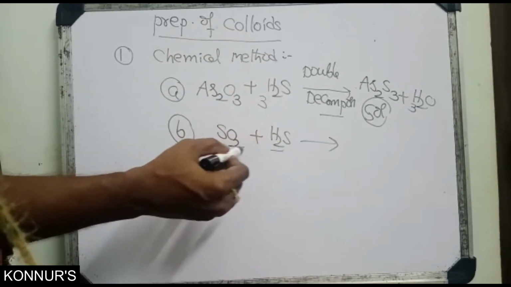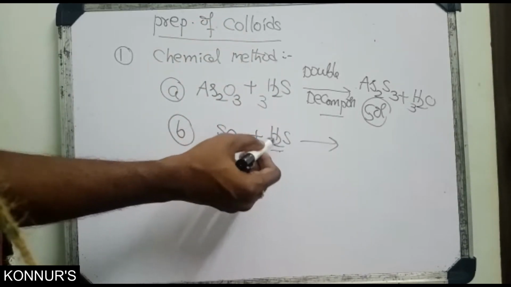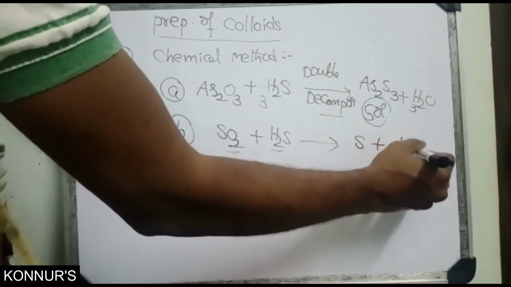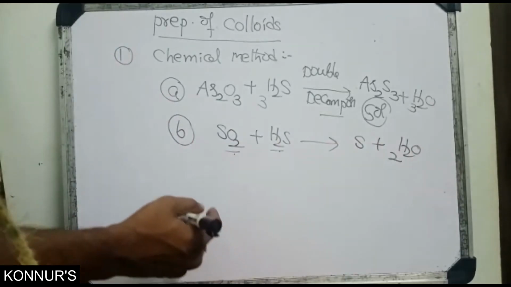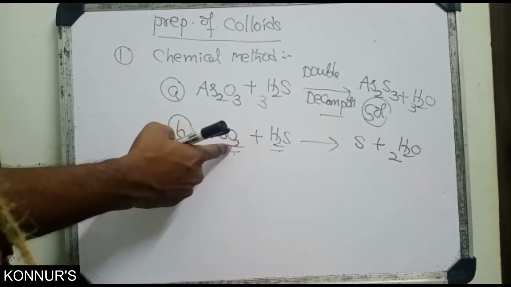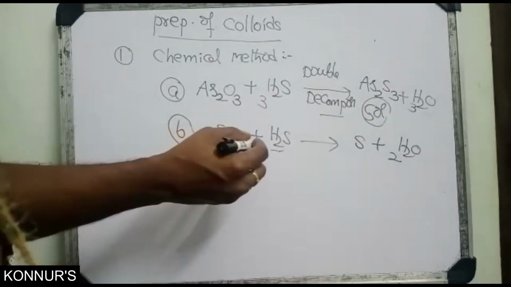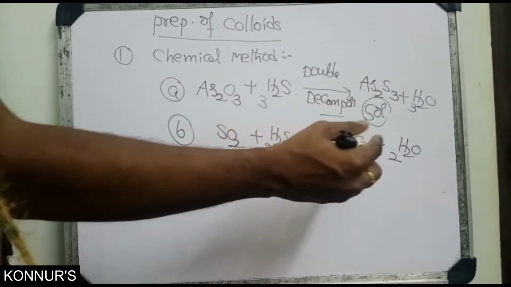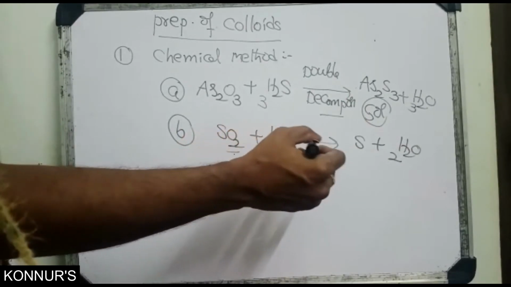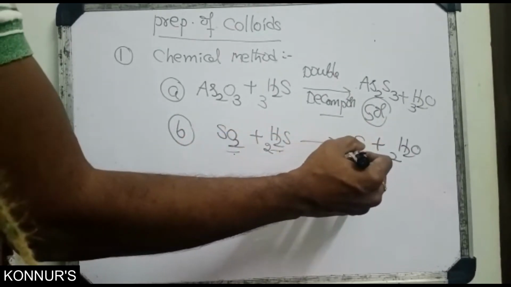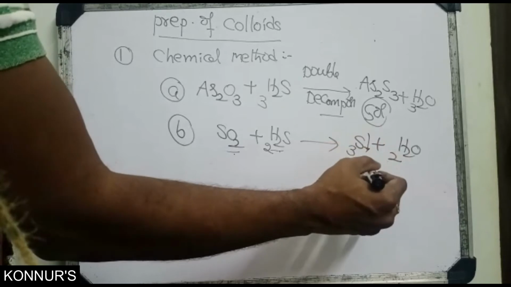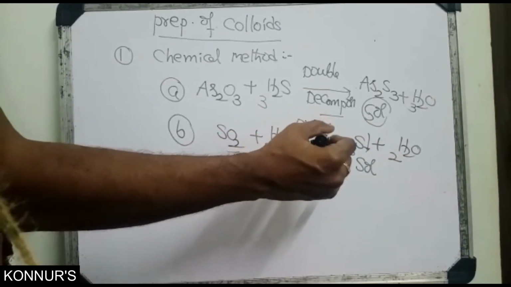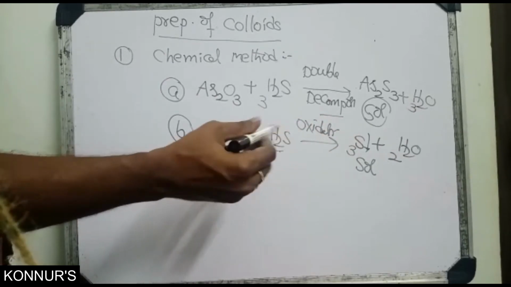H2S is the reducing agent, and the oxide is the oxidizing agent, so water goes outside. You get sulfur and H2O. So 2H2O means 2 oxygens, so 2H2 is gone. Next, 3 sulfur, which is the sol. So according to this, it is oxidation.